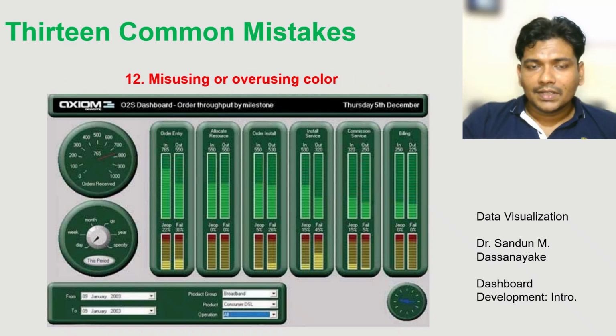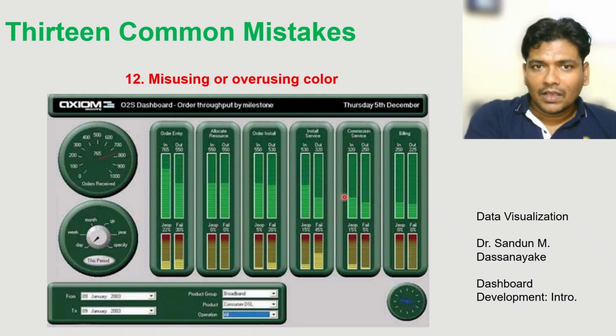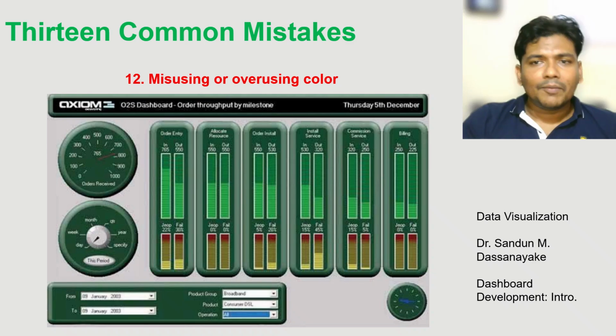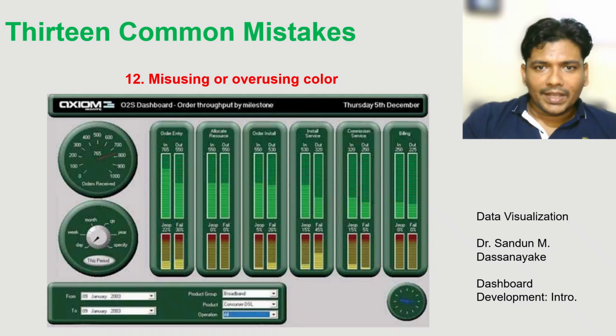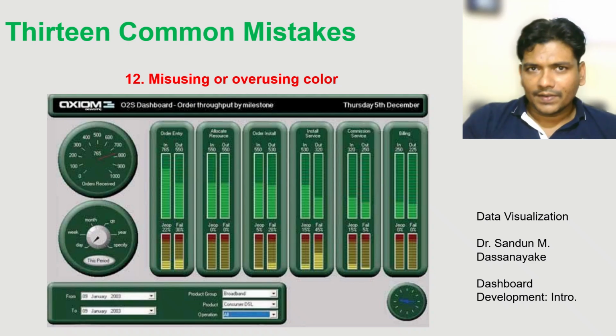I'm going to use the same example from the previous slide to talk about misusing or overusing color. That is our 12th mistake. When choosing colors, it's important to think carefully about how people see and interpret them. Some colors, like red or orange, stand out and grab attention, while others are cooler and less noticeable.